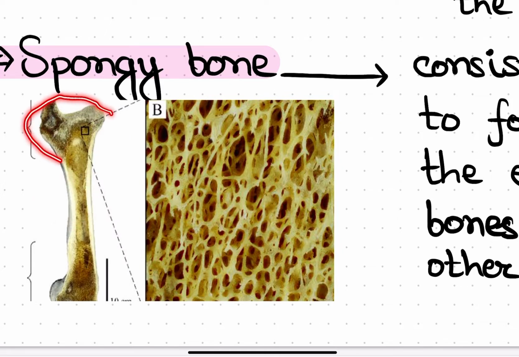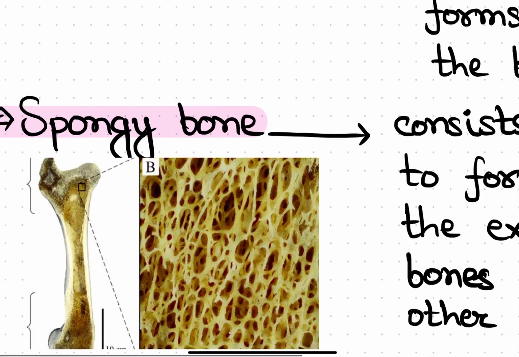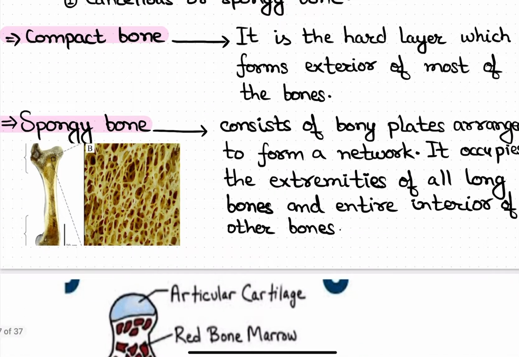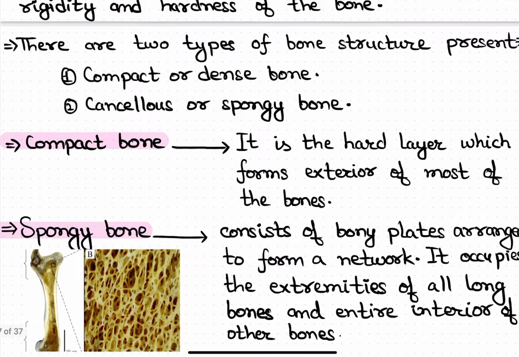So this region is spongy type and this is compact. So we are going to study compact or dense bone, cancellous or spongy bone. This portion which is spongy like this, you can see it is sponge like, so it is known as cancellous bone or spongy bone. This region which is so much hard is known as compact bone or dense bone.